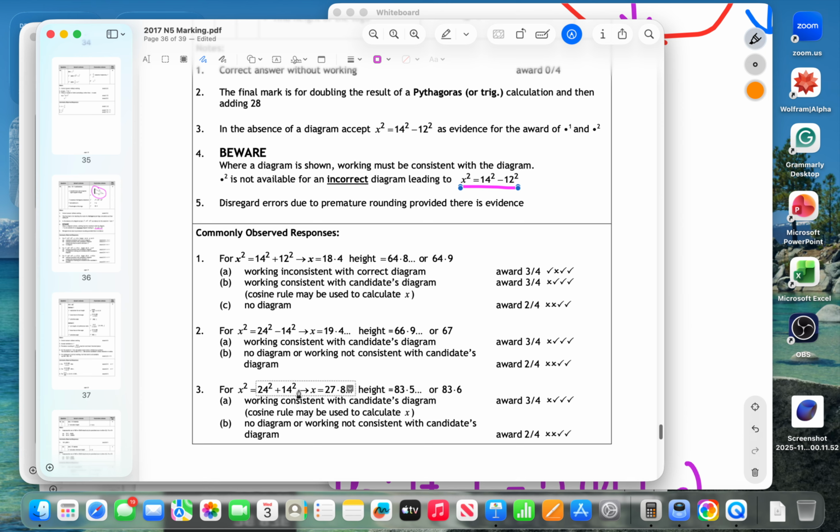And number 3 is just even worse, because they assumed x was the hypotenuse and they substituted 24 instead of 12. So this third one is a total train wreck, so to speak.